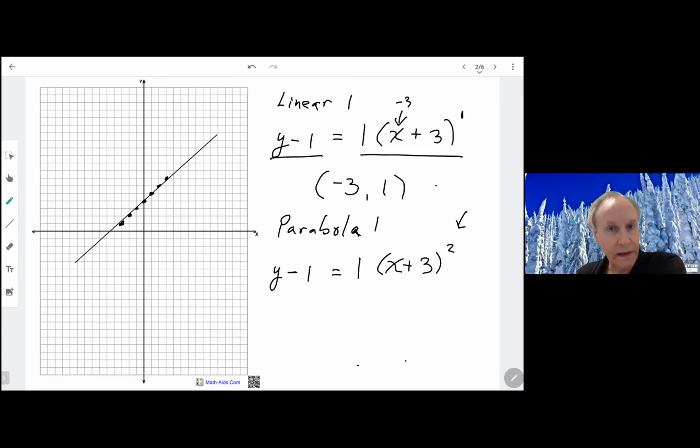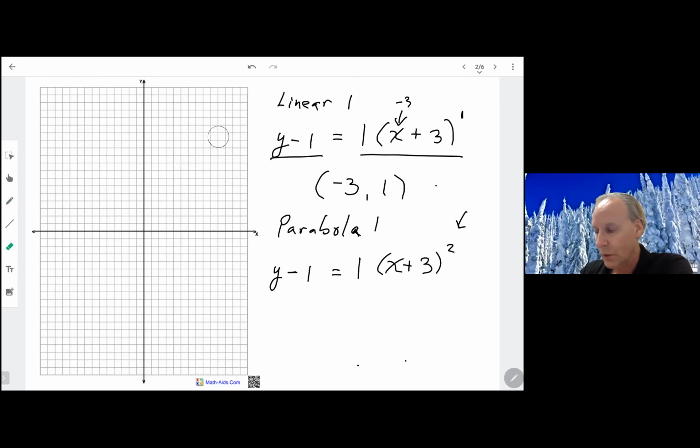There's my line that goes through these points, and this is my linear equation, and that's what it looks like. Notice that I could easily write this in slope-intercept form because I know that the slope is 1 and the y-intercept is at 0, 4, so that's 1x plus 4. That's something that we're going to be doing later with the parabolas as well. So anyway, something to keep in mind.